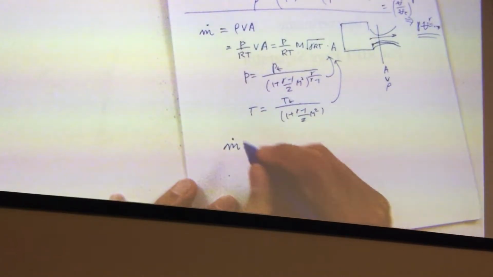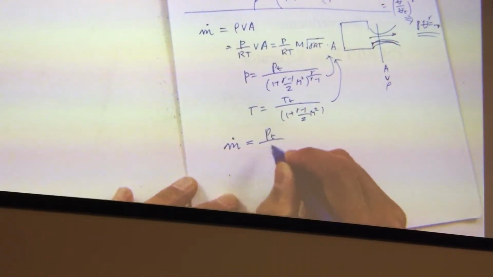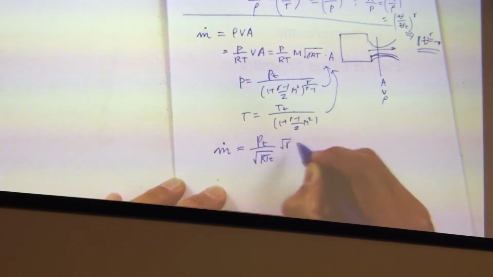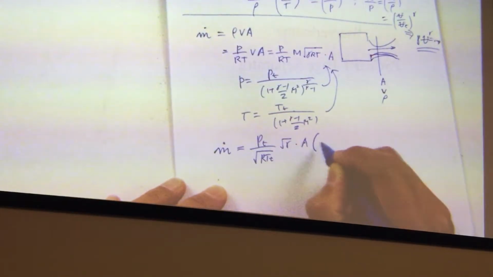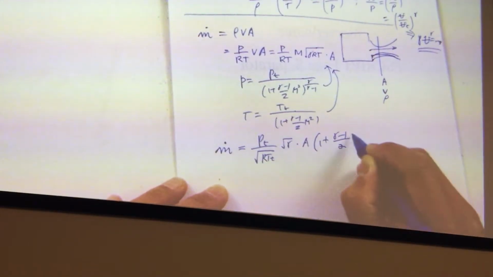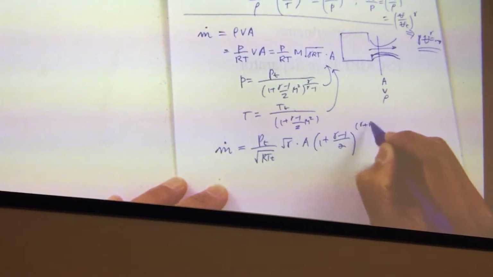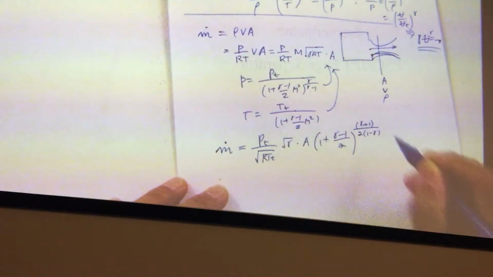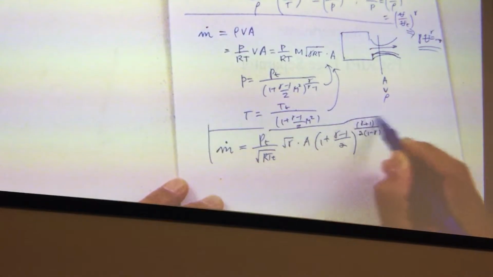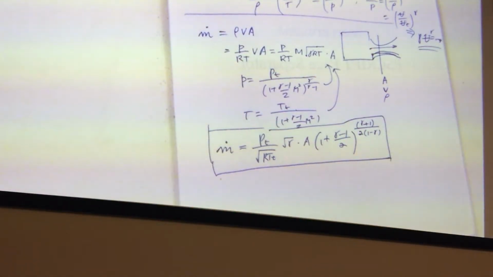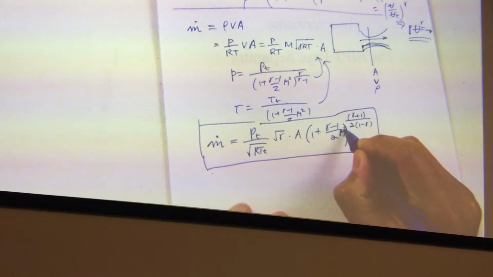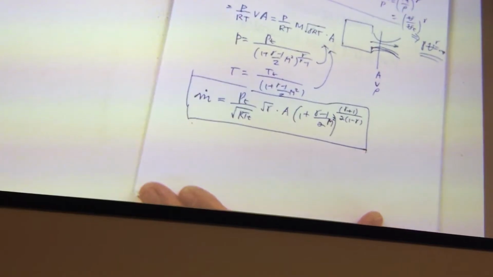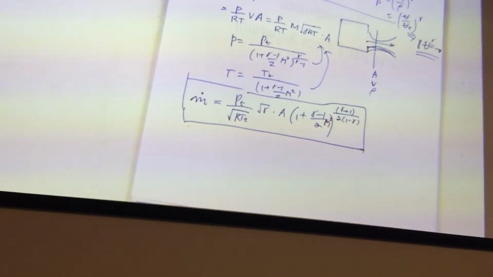This will be equal to P_T times the square root of R T_T times the square root of gamma times an area times M times 1 plus gamma minus 1 over 2 M squared to the power of gamma plus 1 divided by 2 times 1 minus gamma. So this is the mass flow rate.